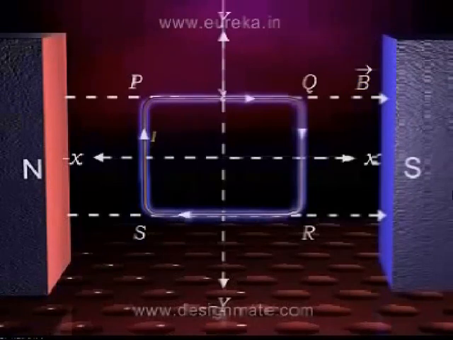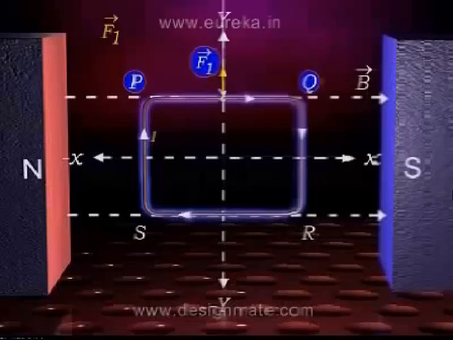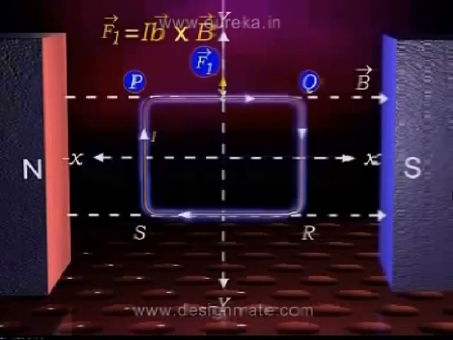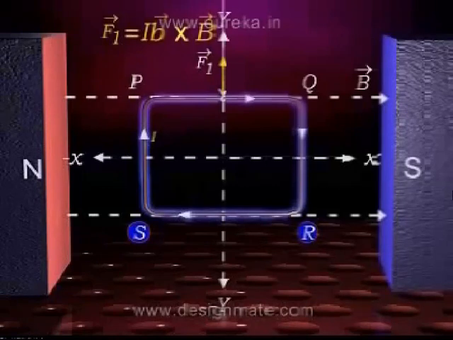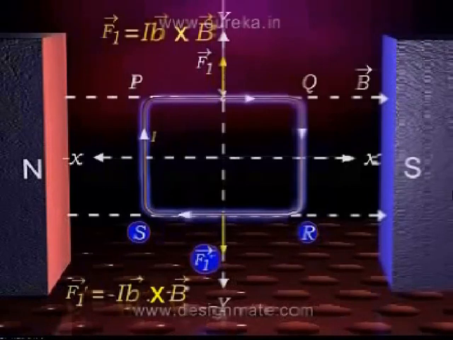Let us first consider the force acting on the element PQ of the coil. The force is vector F1 equals I times vector B cross vector B, directed vertically up. Similarly, the force acting on the element RS is vector F1 dash equals minus I times vector B cross vector B, acting vertically downwards.